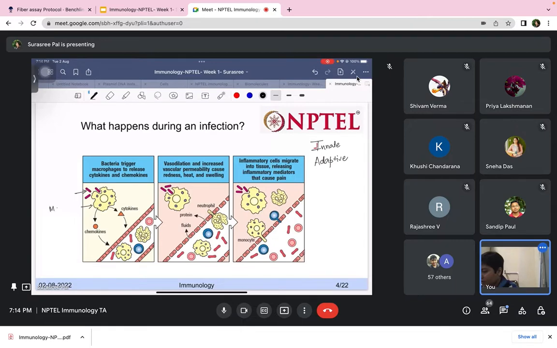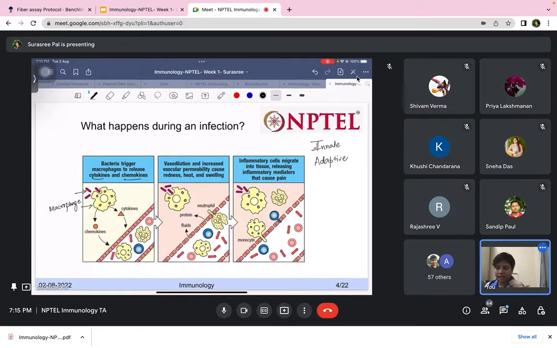This is a macrophage, right? So this macrophage tries to engulf the bacteria. And when it engulfs the bacteria, the first action is that it releases some chemicals called cytokines and chemokines.